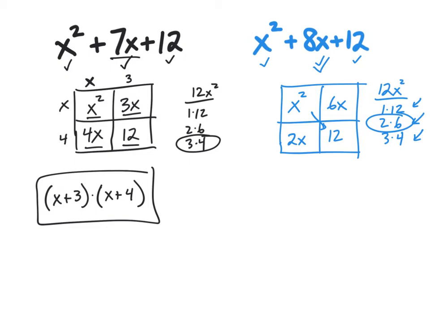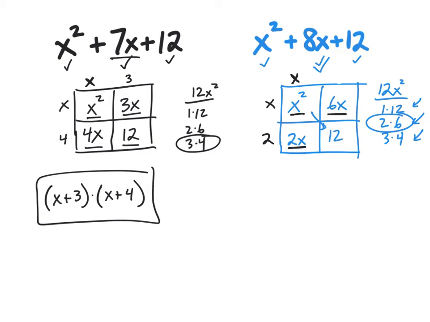All right, now I'm going to go ahead and factor. Factoring x times x gives me the x squared. I can't just put 3 and 4 here for the 12 because that's not going to match up with the other information that we have, right? So we got x squared checked off. Now I need 2x. Well, I already have the x up top, so I just need to multiply by 2.